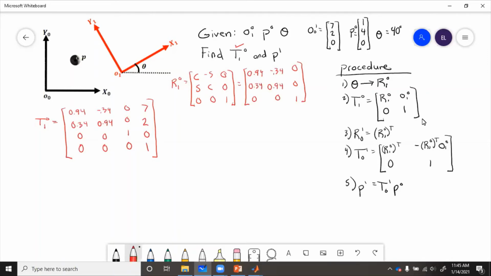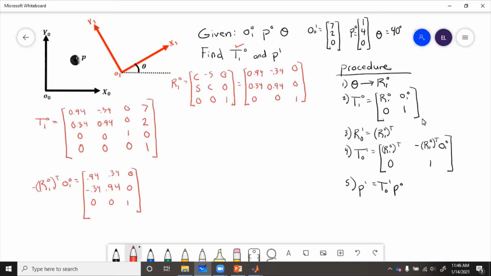But to get the last column for the transformation, we'll need to do negative R10 transpose times O10. So if we actually multiply these out, 0.94, 0.34, 0, negative 0.34, 0.94, 0, 0, 0, 1.